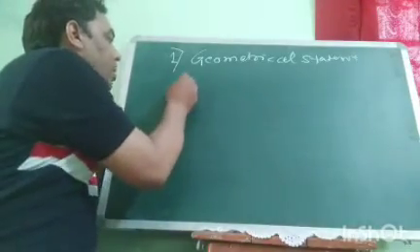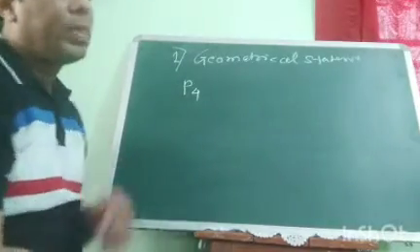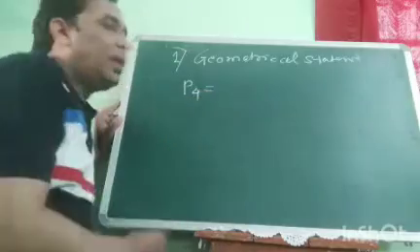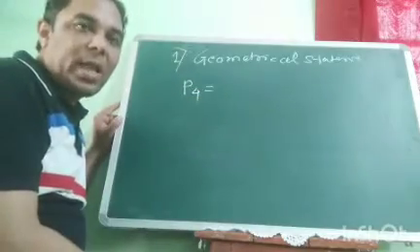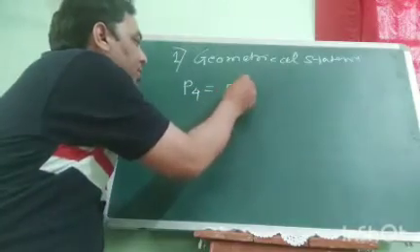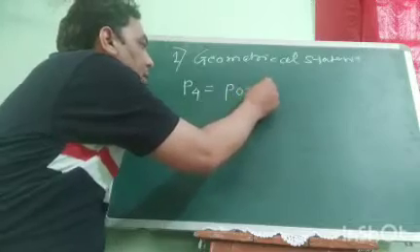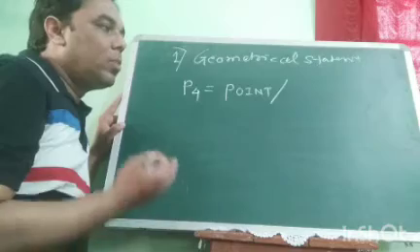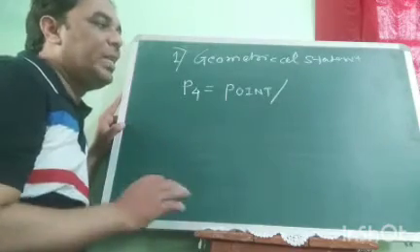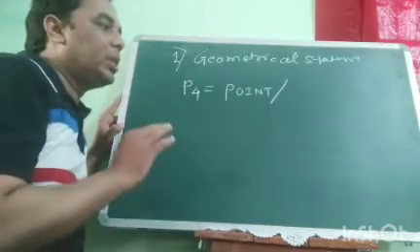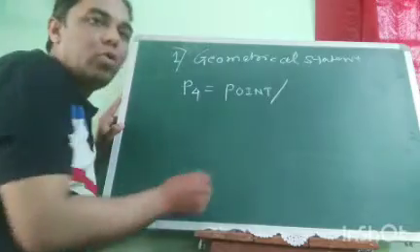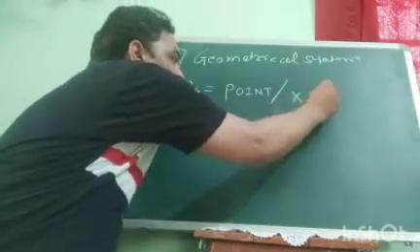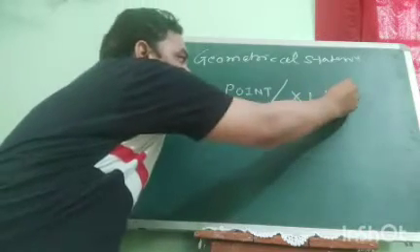Now, for example, point P4 is formed by the intersection of a line L1 and a circle C1. So we just write POINT slash, then the maximum value of this intersection point, where the x coordinate is the maximum value. So we write it as XLARGE. That is, the x value is the largest value as compared to the y value and the z value.